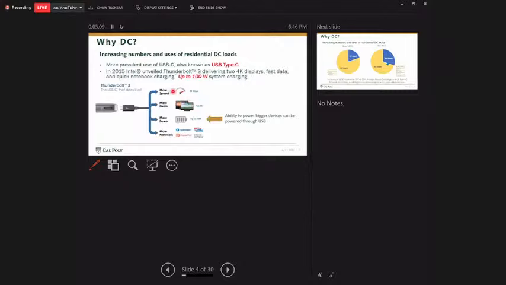There are many great features, but one of the things that caught my eye is this one right there: in the future, the target power of USB is 100 watts. Right now, it's not much, probably around 20, 25 watts. But imagine if USB-C can deliver 100 watts. Can you imagine how many DC loads it can handle? If that's the case, then we don't really need an AC wall plug, for example, to power a TV, to power a laptop, and so on and so forth.